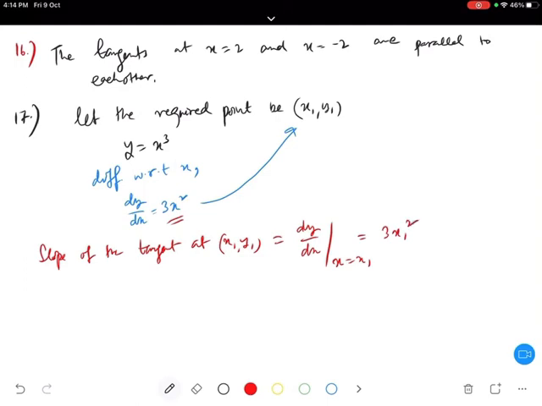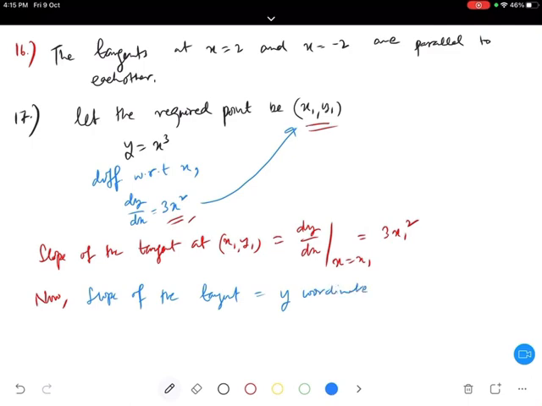What relation does it signify? Slope of the tangent, I know it is 3x1 squared, and that will be equal to y1. Am I clear? Let us write this as equation number 1.